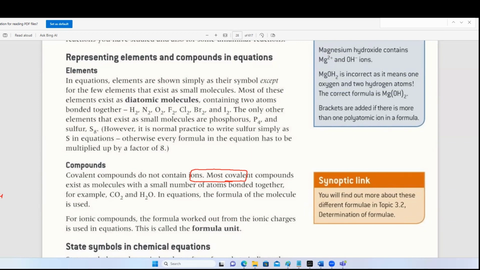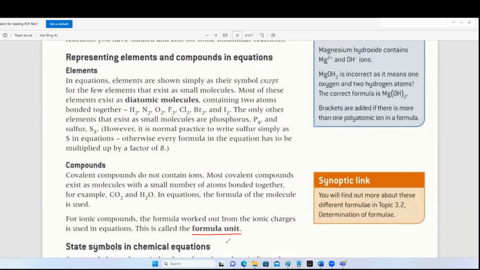So the things that have ionic compound bonds in them usually form big lattices or big crystals. So we always have to use the empirical formula to bring them to their smallest unit. And that's why they had to name it differently, and they said that this is called a formula unit.